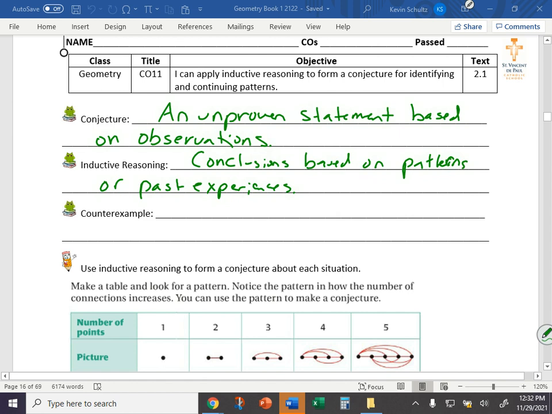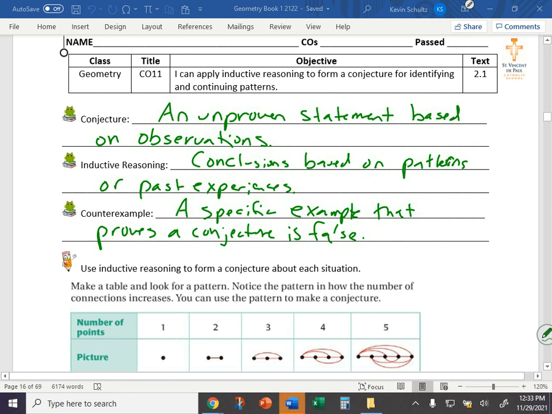But that's okay. You can cross off lawyer from your list of future aspirations. A counterexample is a specific example that proves a conjecture is false. For example, all prime numbers are odd.